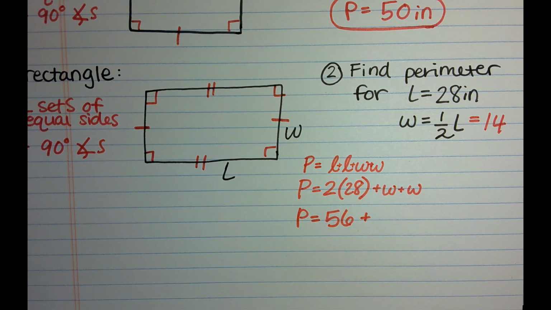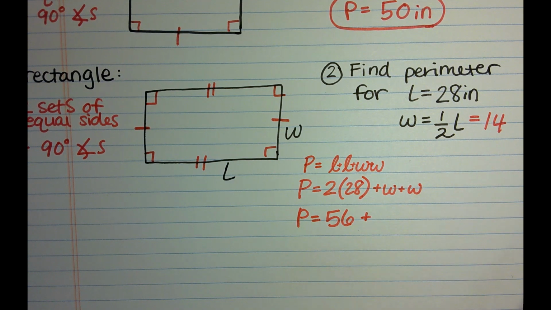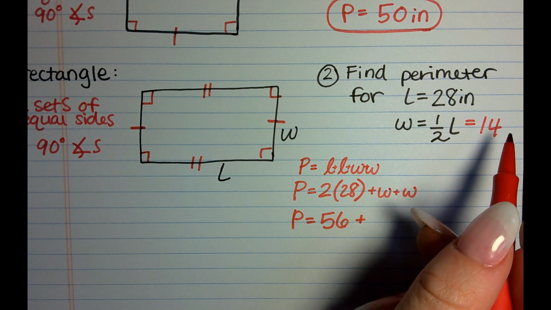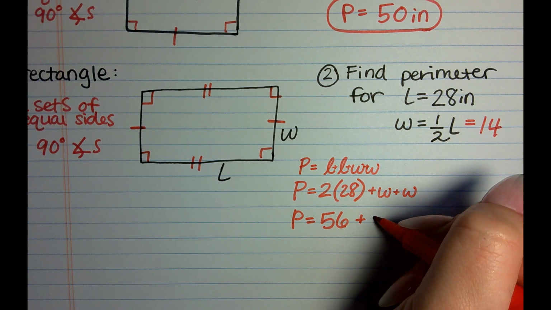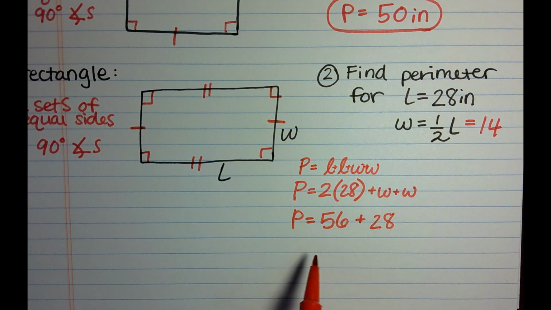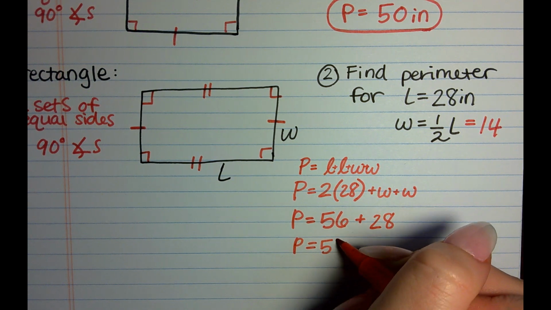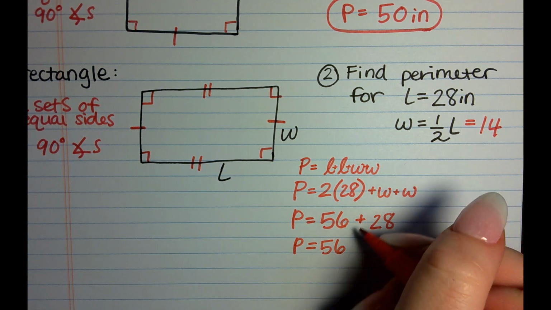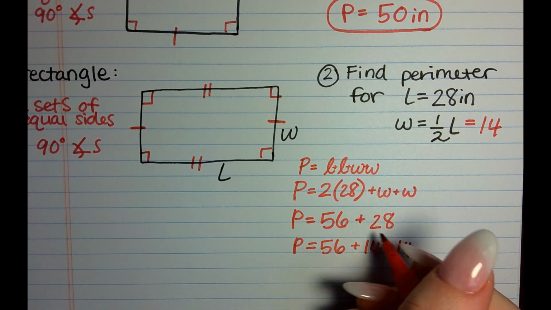So if you've got a big brain and you can think about that in your head right away, it's pretty awesome. We can just do 56 plus 28. Equals 84. Or if we're not comfortable with that, we know what's happening here is width is 14. So we're doing that twice. Same thing.